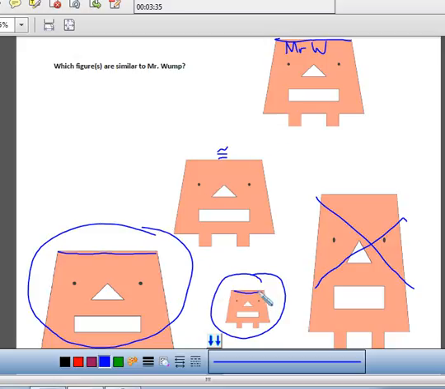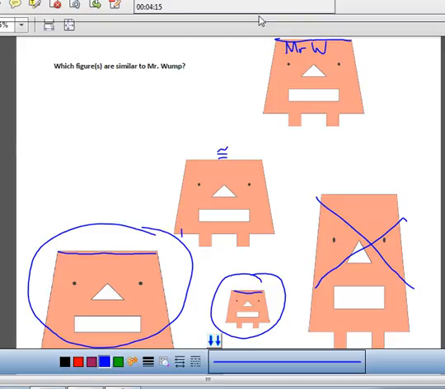This top might be 2.5, which is 1/2 of the original. And this one might be 10, which is double the original. So there's a scale factor there. In other words, we can multiply any one of them by a number to get any of the other ones. So that's the relationship with similar figures. They're the same shape, but a different size. So that's kind of the basic way to put it.